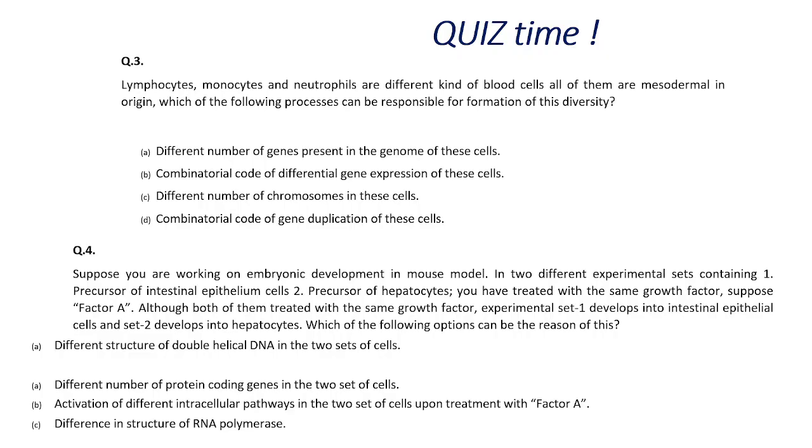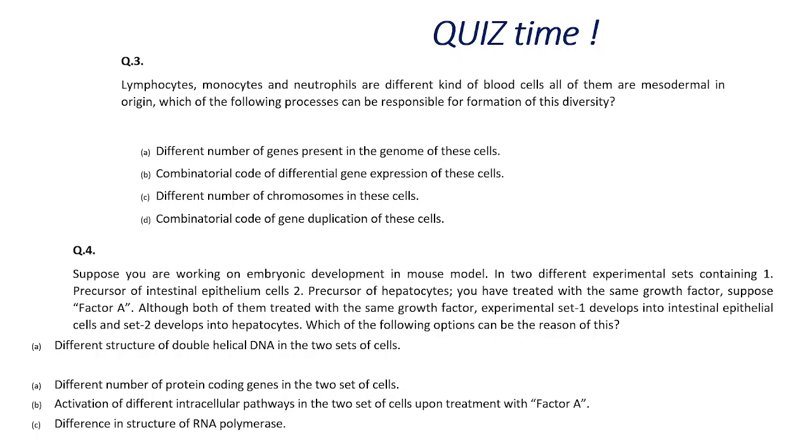Okay. Question number 4 says, suppose you're working on embryonic development in mouse model. In two different experiment sets containing one precursor of intestinal epithelium cells, two precursor of hepatocytes, you have treated with the same growth factor, suppose factor A. Although both of them treated with the same growth factor, experimental set 1 develops into intestinal epithelial cells and set 2 develops into hepatocytes.